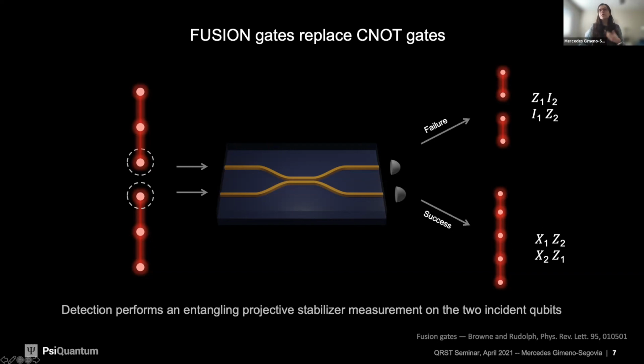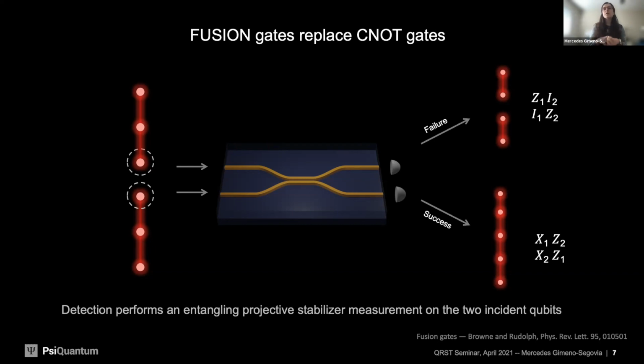And you can start interpreting failure of your gate. For example, in the case of a type 2 gate, you can interpret the failure of your gate as the erasure of some stabilizer information. And erasing stabilizer information is something that error correcting codes are really well prepared to deal with.